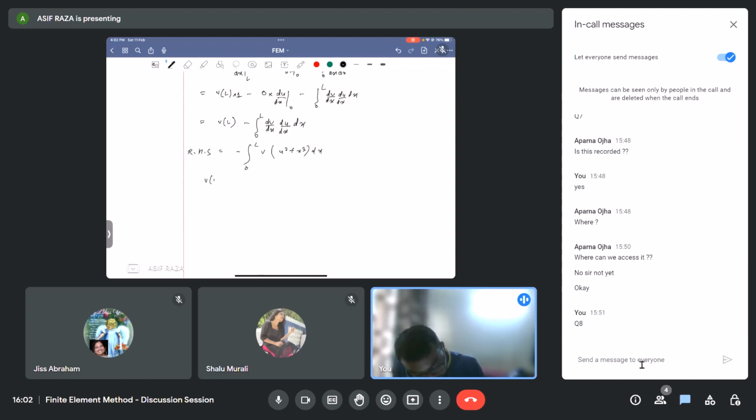LHS is V(L) minus integral 0 to L dv by dx du by dx dx, equal to minus integral 0 to L V(u square plus x cube) dx.